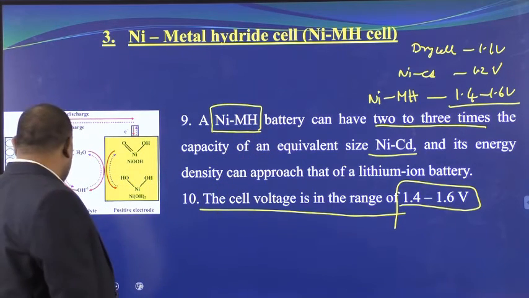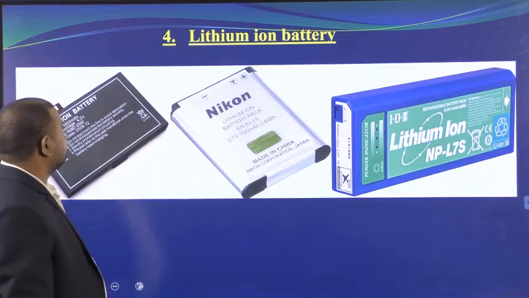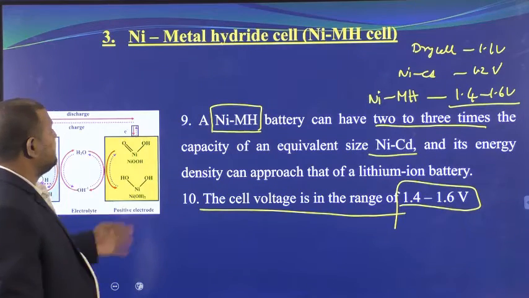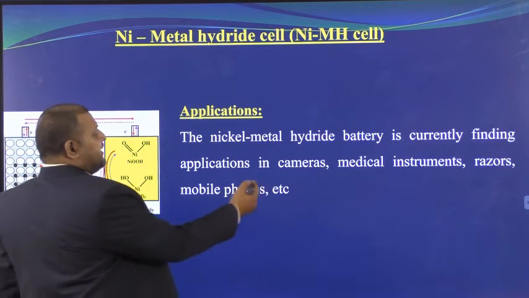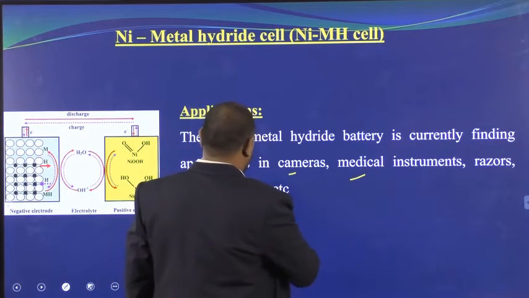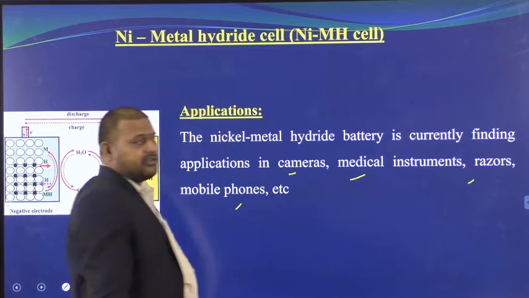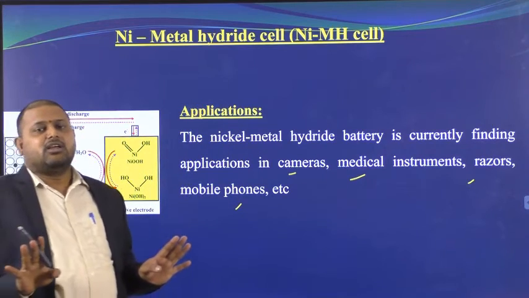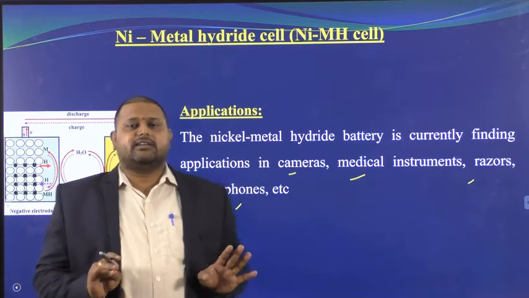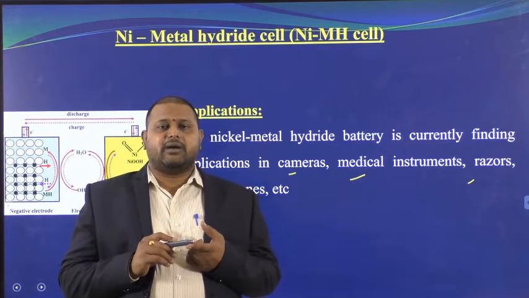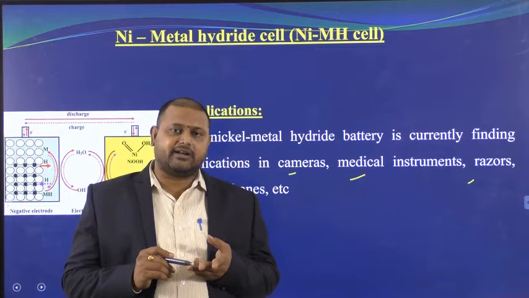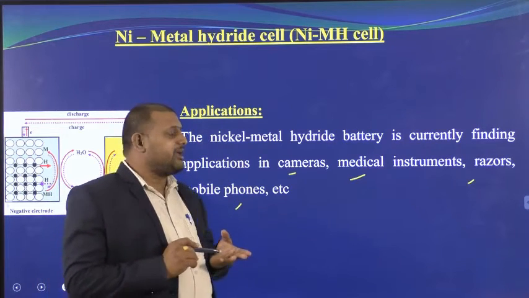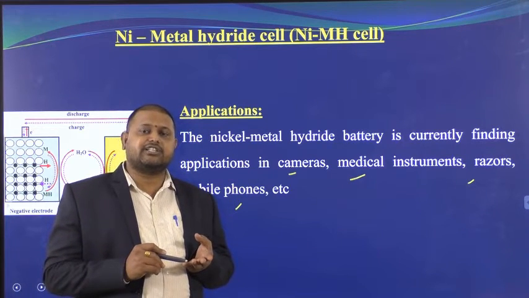Now we shall see the applications of this. Applications already I think I told you here, right? These are the applications: cameras, medical instruments, razors, cell phones. 4 applications we have, that's enough. So till now what we have discussed is what is a battery, how many types of batteries are there, that is primary battery and secondary battery. The primary batteries are non-rechargeable batteries.